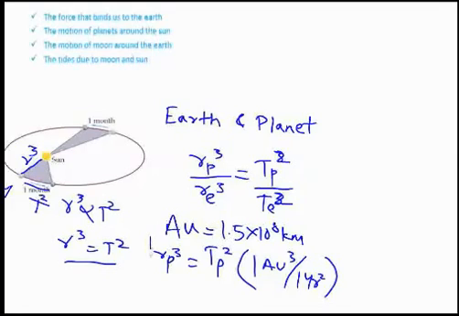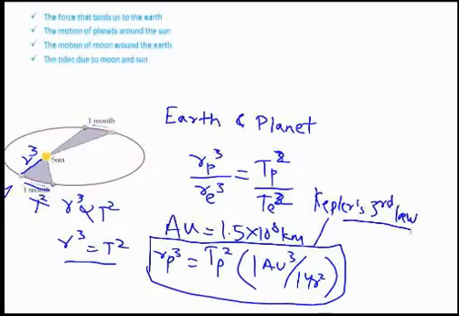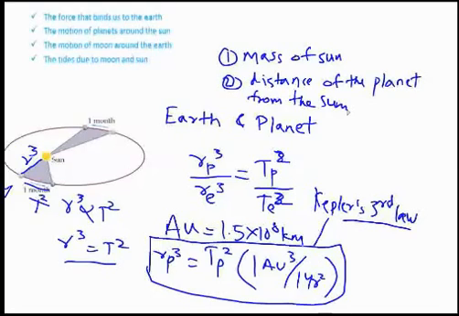So I get this as Kepler's equation. Kepler's third law is basically used to find the mass of the sun, the distance of the planet from the sun, and the period of the revolution of the planet.